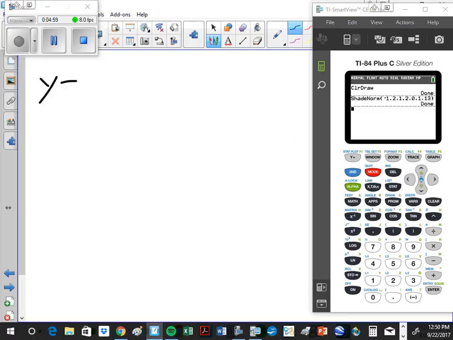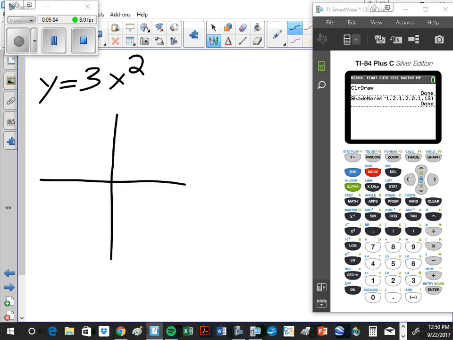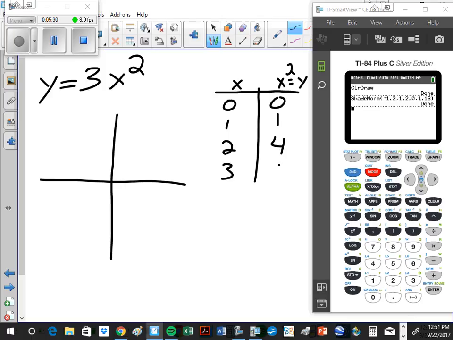So what about y equals 3x squared? What's that going to do? Well, am I affecting the x values or the y values? Do you understand what I mean when I say that? So if I had a table of values, and this is x, and this is f of x, which is x squared, or y, 0 would give me 0, 1 would give me 1, 2 would give me 4, 3 would give me 9, and so on, right?